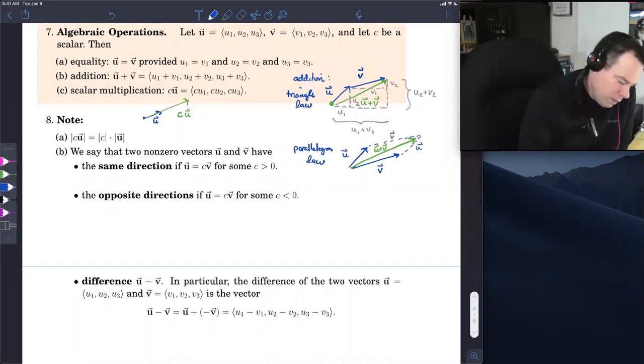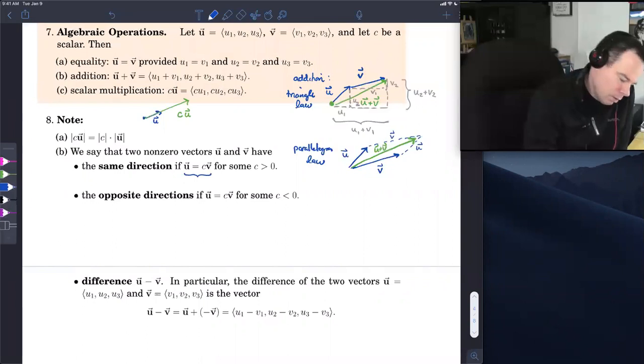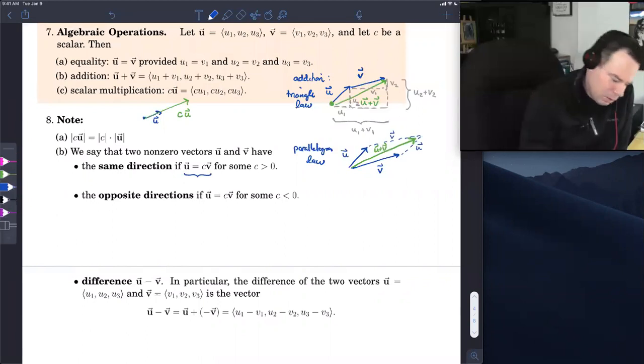Two vectors point in the same direction if one is a positive multiple of the other. That's what this is telling us. So they point in the same direction if one is a positive scalar multiple of the other, and they point in opposite directions if one is a negative scalar multiple of the other.